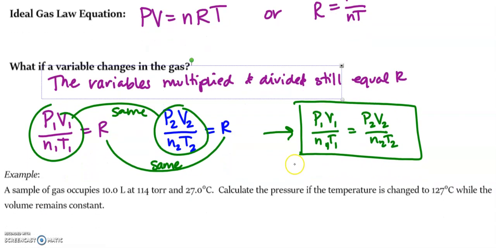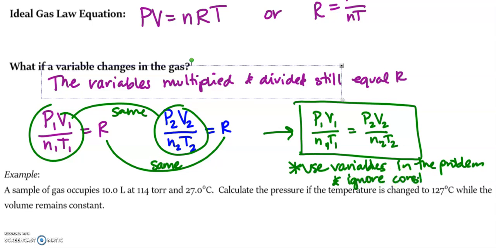What we're going to do is use the variables in the problem, like the problem given right here, and ignore the constants. And by constant, I mean things that don't change, that stay the same.